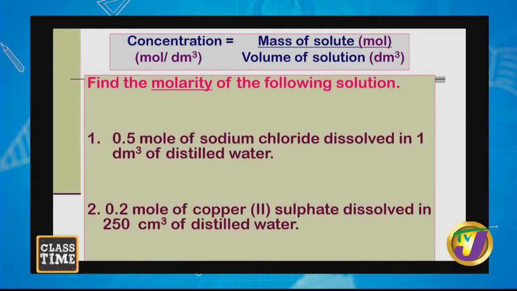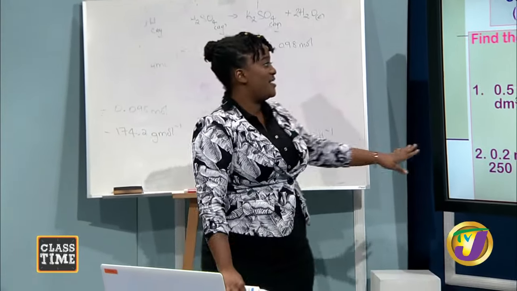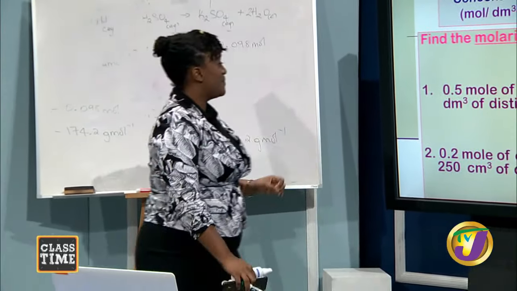Ruthann, is that an answer? Am I hearing the answer from you? Okay, so what we're going to do is 0.5 moles divided by 1 dm cube. My answer will still be 0.5 moles per dm cube. So that is the molarity for number one.